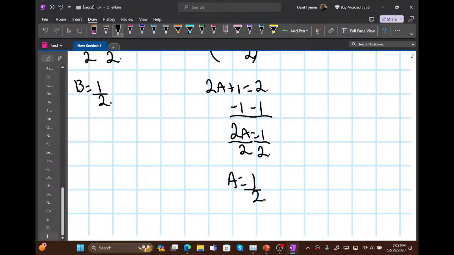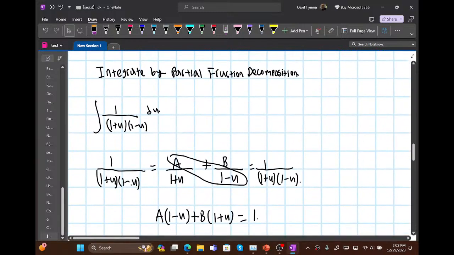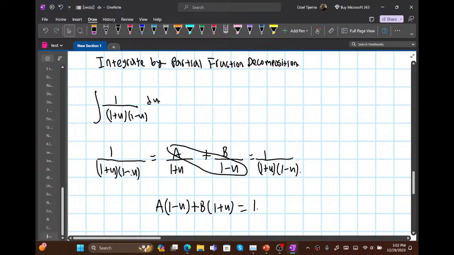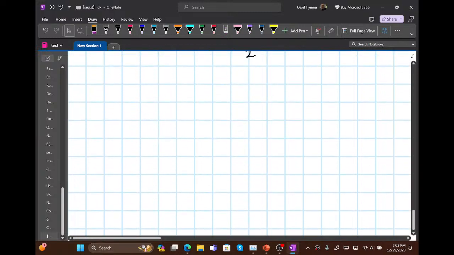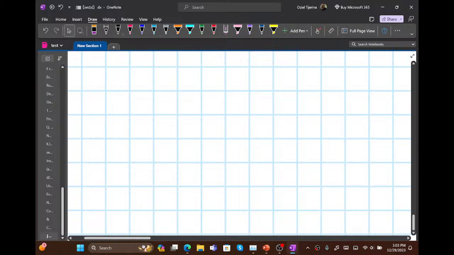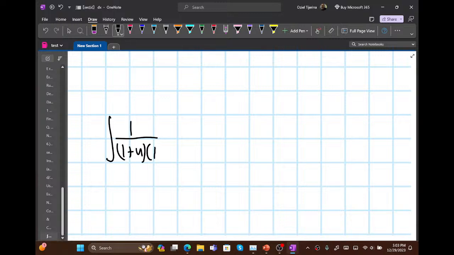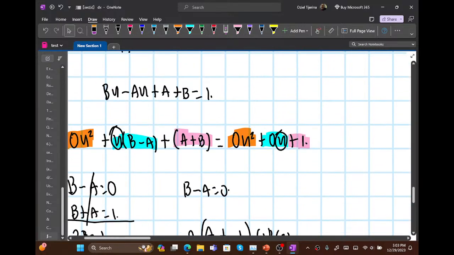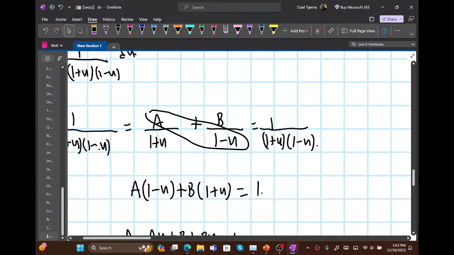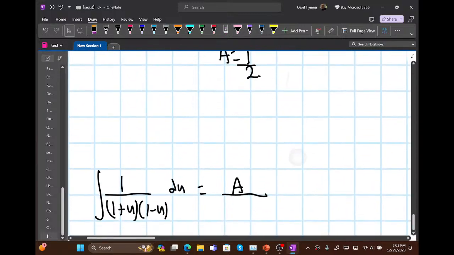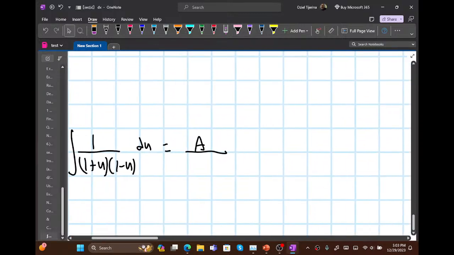So, in other words, our integral becomes, so we have the integral of 1 over 1 plus u times 1 minus u du is equal to a over 1 plus u plus b over 1 minus u.